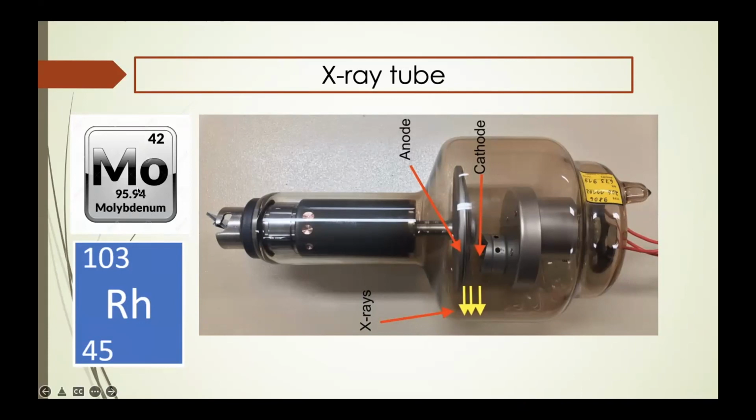Molybdenum is the name of the material used to make the anode and the filter. I'm not going to go deep into that, but in an X-ray tube for mammography, we have different anode and filter combinations. It could be molybdenum, molybdenum-rhodium, or tungsten-rhodium.